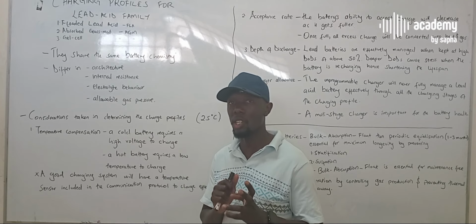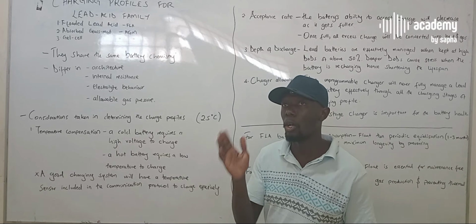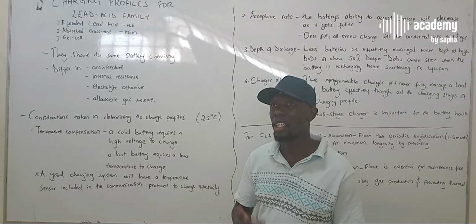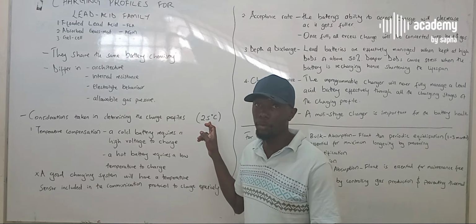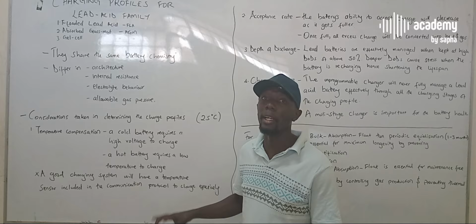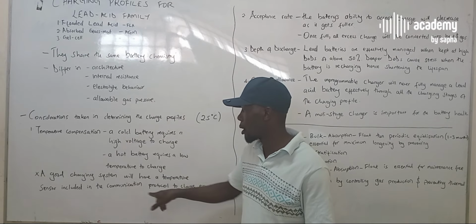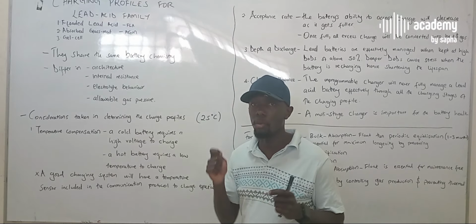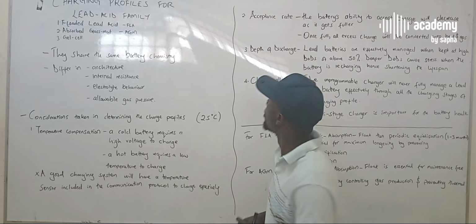A battery that is being charged blindly, in some cases, will have its long-term lifespan affected because, for example, in rooms where the room temperature is always way above 25 degrees Celsius, and this battery is charged at high temperatures almost at all given times, the internal chemistry of the battery will keep getting affected, and over time you'll realize that the lifespan is becoming shorter and shorter.